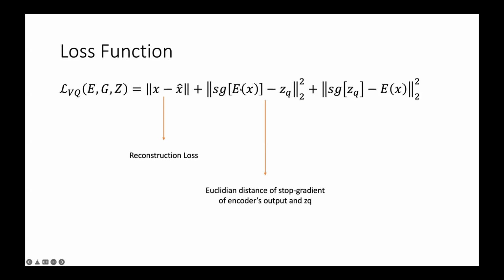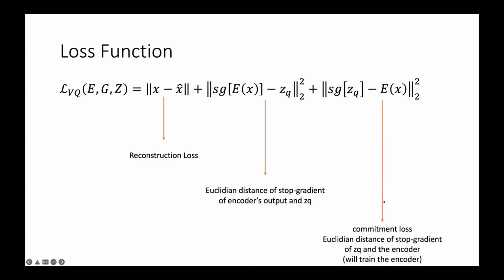A stop gradient function fixes all the encoder part and just pretends that it is a constant number, so there is no computational graph necessary to compute this part of the loss function. This part of the loss function actually trains the codebook for us.